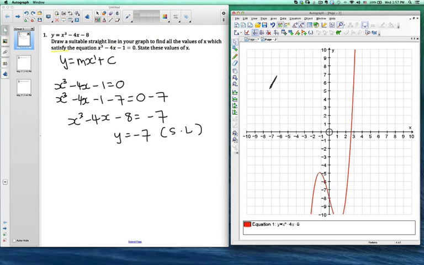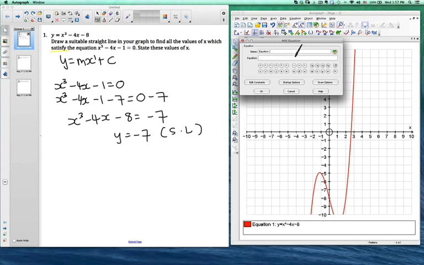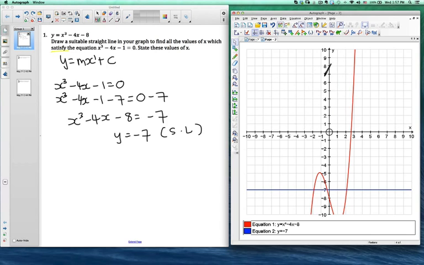You will see the graph in this pattern. And then I have another straight line equation, which is y equals negative 7.